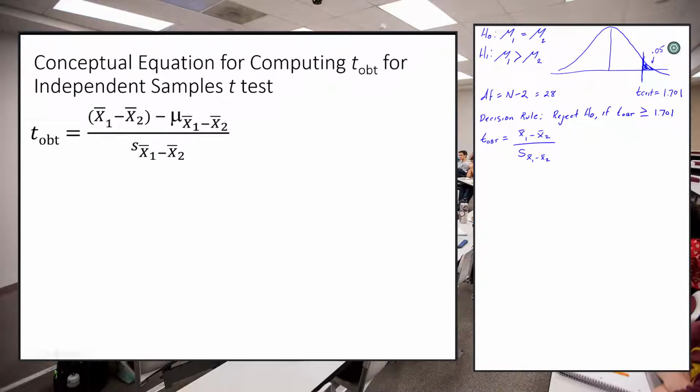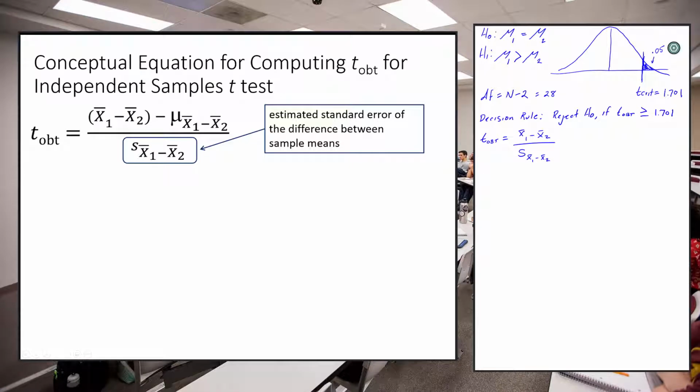Okay, so again, this denominator is the estimated standard error of the difference between sample means. And here we've got another formula.